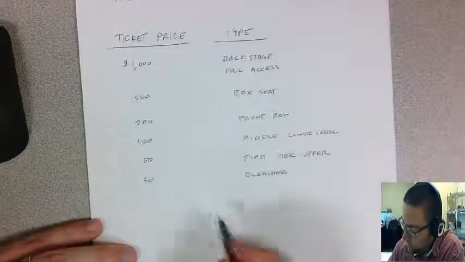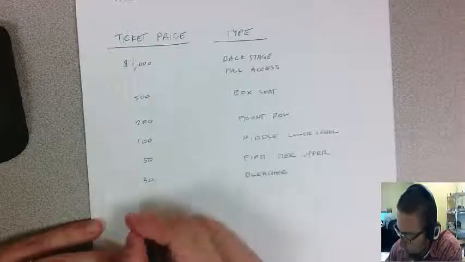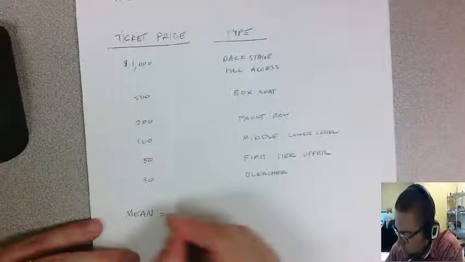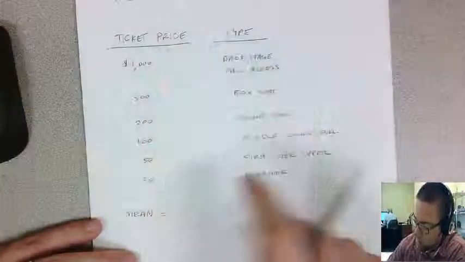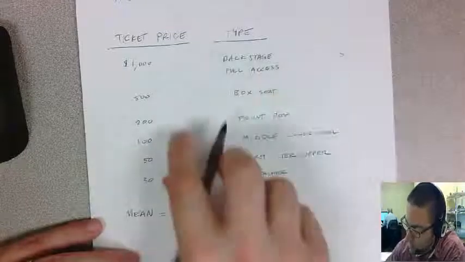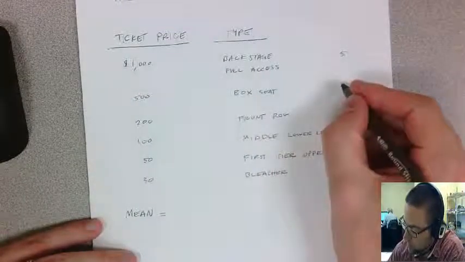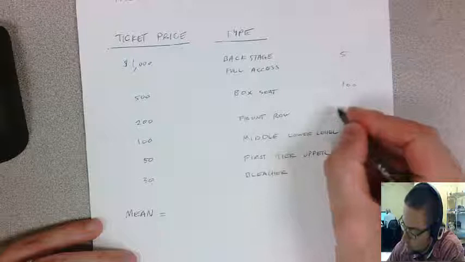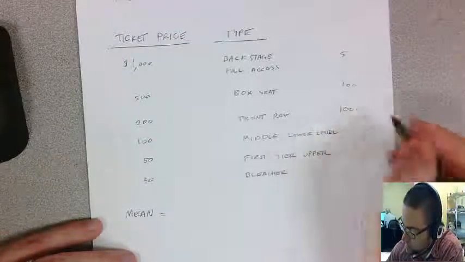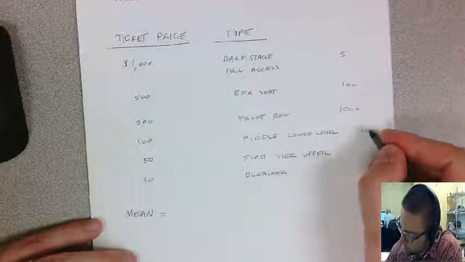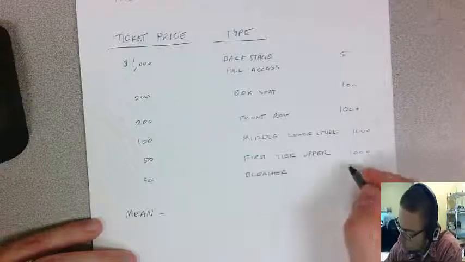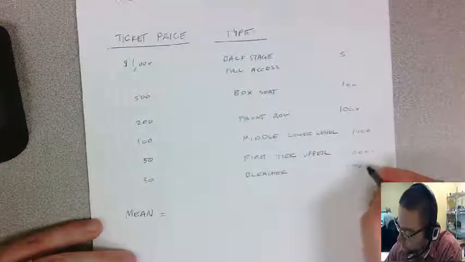There's a couple different ways that people have come up with, and one is called the mean. And the mean is just you take all the numbers. So like if there's maybe five backstage passes, and there's, I don't know, 100 of these, and 1,000 of these, and 1,000 of these, and 1,000 of these, and then there's maybe 5,000 of these.